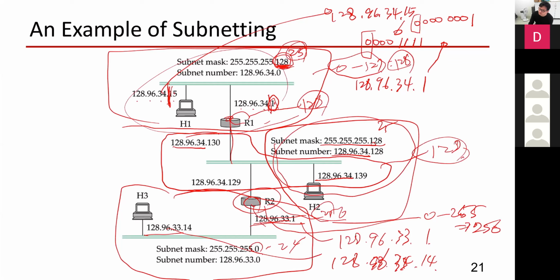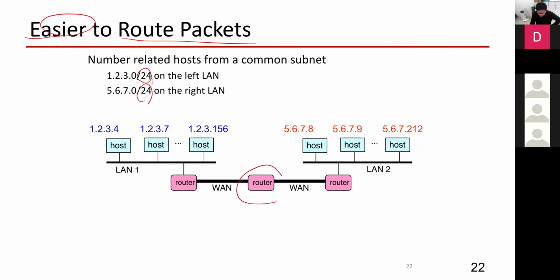Because I have a fully hierarchical mechanism, it is easier to route packets. So this one is /24, meaning until this point is my network. For a destination like 5.6.25, I don't really care about the last part.